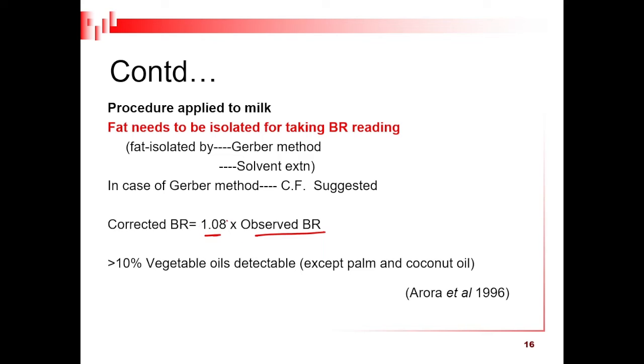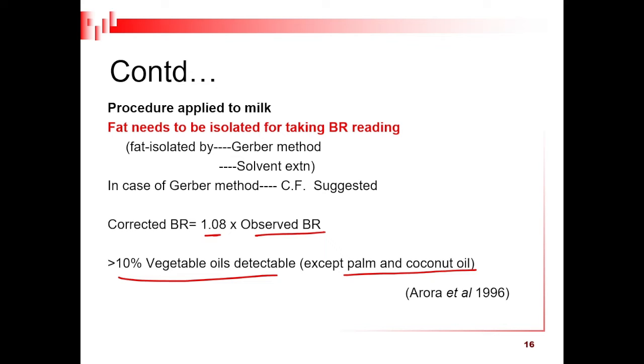With this we can detect 10% vegetable oil. Detection is possible except for palm oil and coconut oil. Except for those, we can detect other oils in milk using this test, and if the adulteration is lower than 10%, it is not detectable.